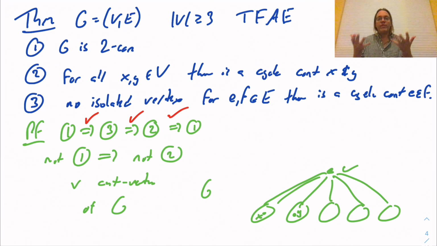And we've shown that this notion of 2 connectivity has several equivalent forms. So saying that a graph with at least 3 vertices is 2 connected is equivalent to saying that your graph has a cycle through any 2 vertices, and it's equivalent to saying that your graph has no isolated vertex and a cycle through any two edges. And that's got us to a very nice point, and I will stop there.